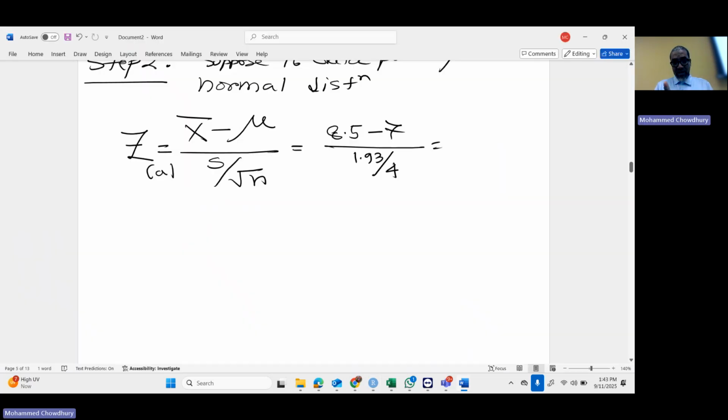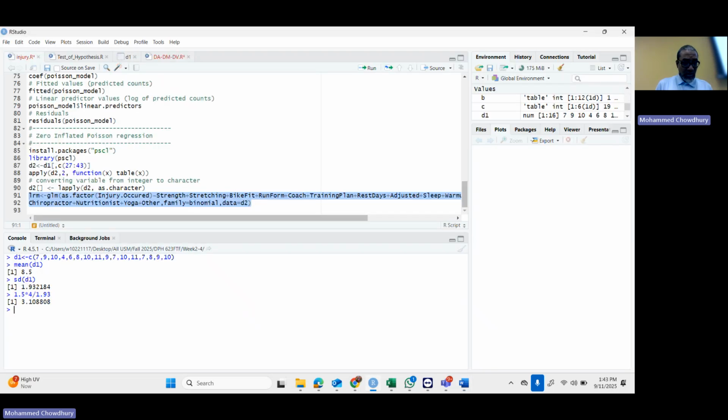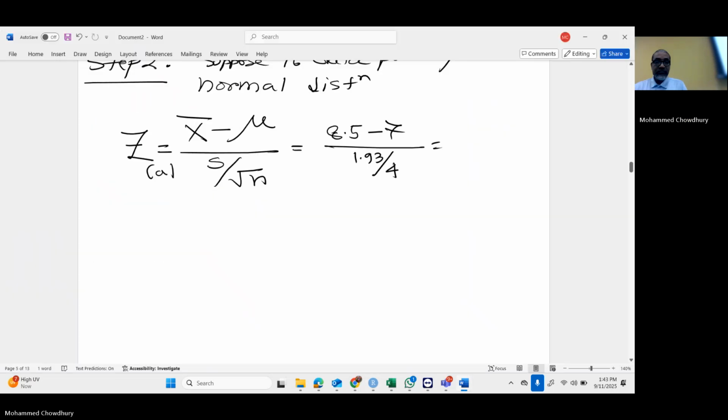Yes, 1.5 times 4 divided by 1.93, I got 3.10.